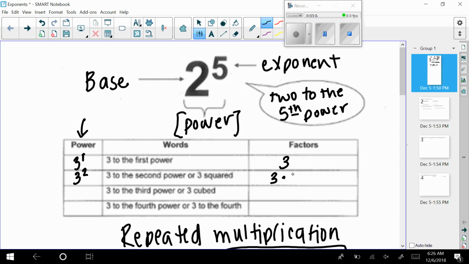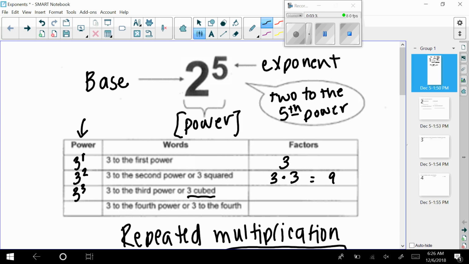Remember I said it was repeated multiplication, so it's going to be 3 times 3. Now, a lot of you think, oh, it's 3 to the 2nd power, 3 times 2. Well, what's 3 times 2? 3 times 2 is 6. This is not that. This is 3 times 3, which is going to be 9. Okay? 3 to the 3rd power is going to look like this. You might also hear it said 3 cubed.